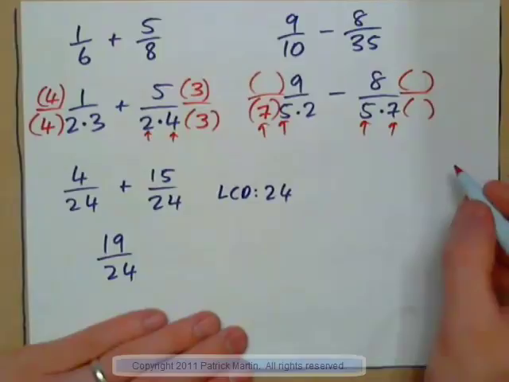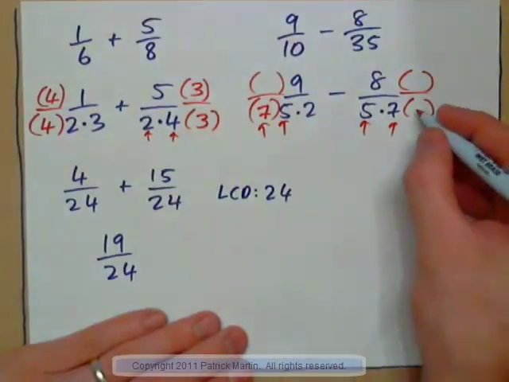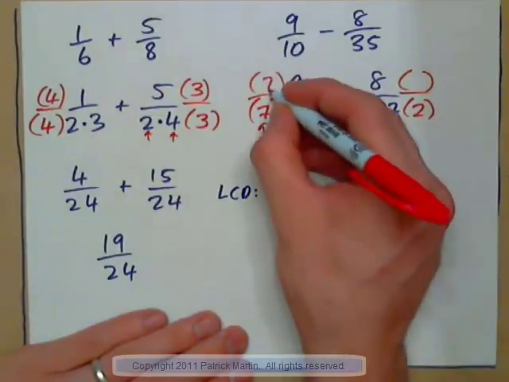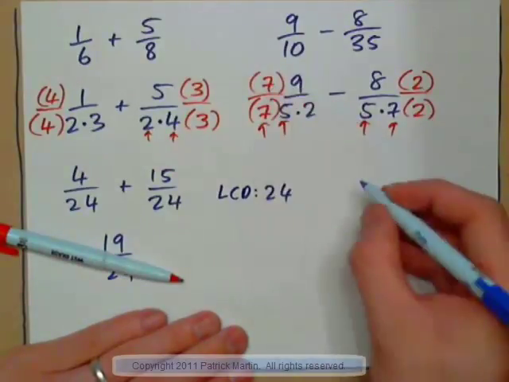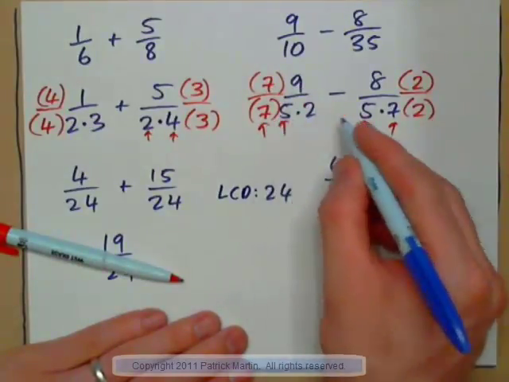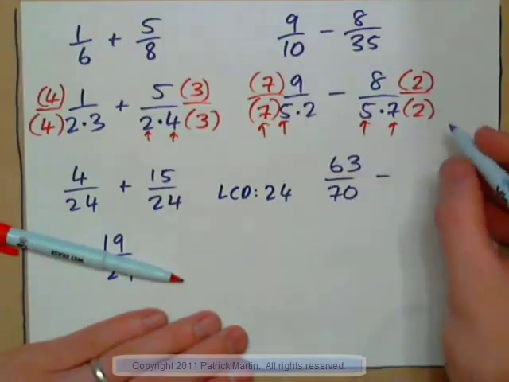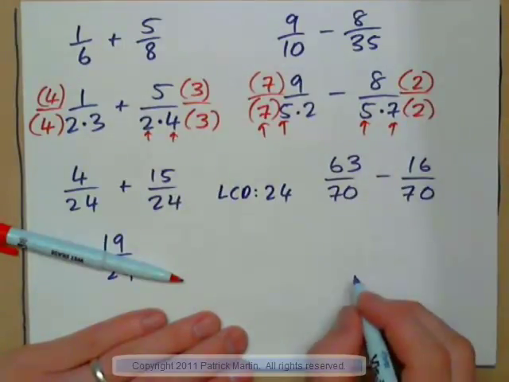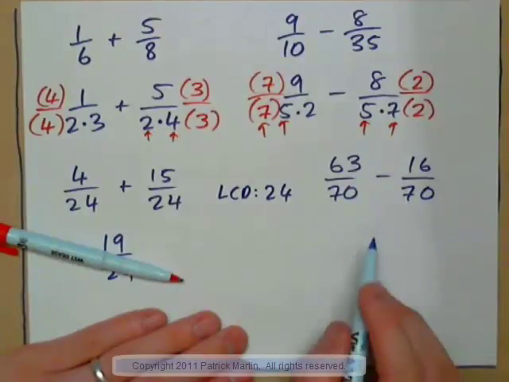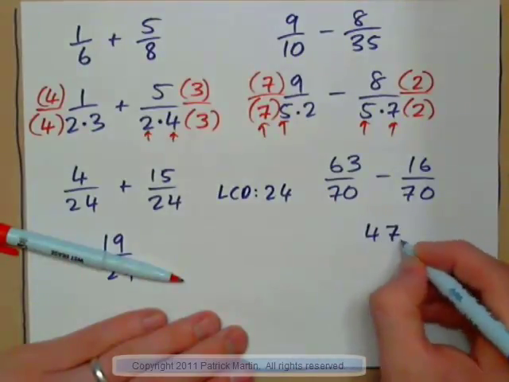What do we need over here so that both bottoms are the same? Need a 2, right? So multiply this one by 7 over 7 and this fraction by 2 over 2. And 7 times 9, this is 63 over, multiply these, 35 times 2, 70, minus 2 times 8, 16 over 35 times 2, 70, right? And then go 63 minus 16. And we should get 47 over 70.